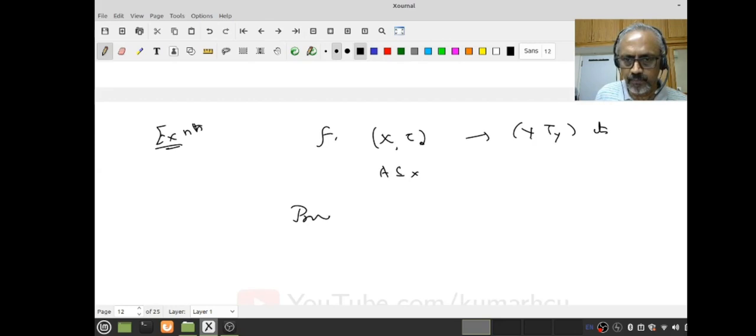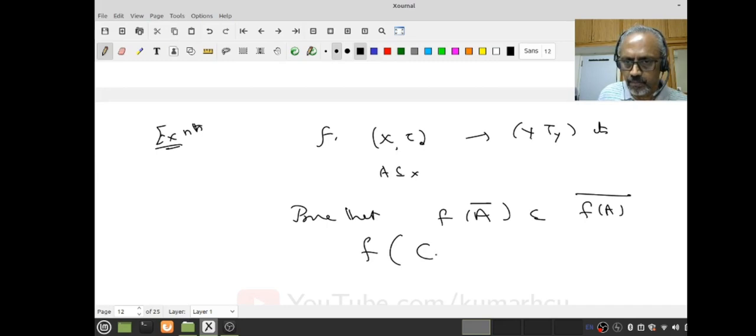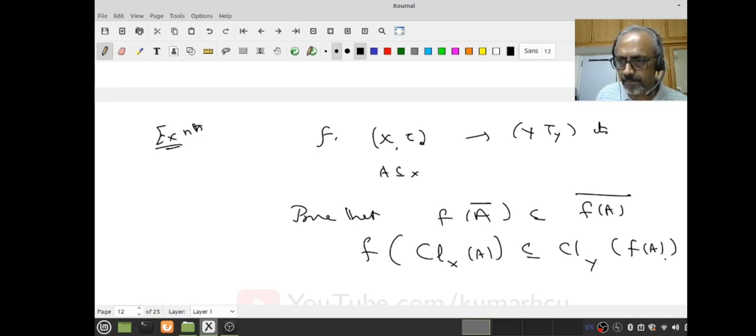Prove that f of closure of A in X is contained in closure in Y of f of A. Actually, I proved this more or less imitating the earlier argument.